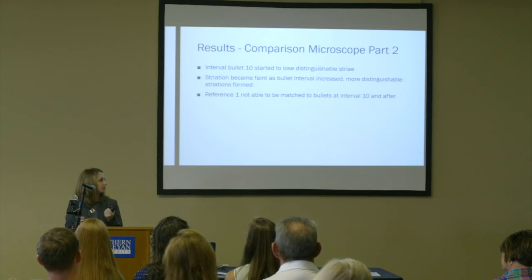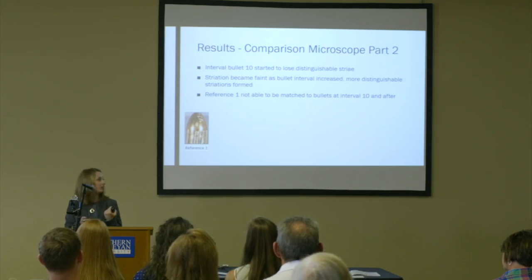And at the same time, we would rotate the bullet and look at a different portion. Newer striations would form that were not previously there. So due to all of these changes, reference 1 was not able to be matched to bullets at interval 10 and after. That means that we were not able to say that the bullets were fired from the same gun, as there was not enough striation correspondence.